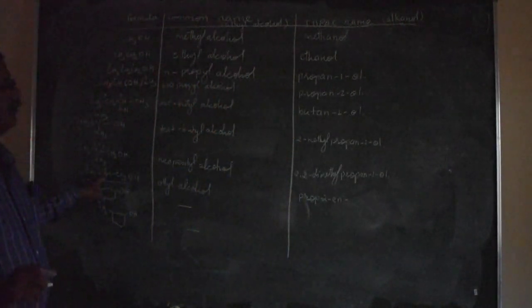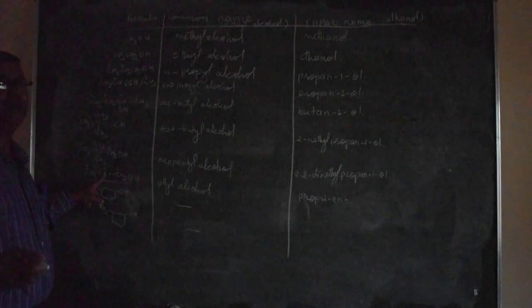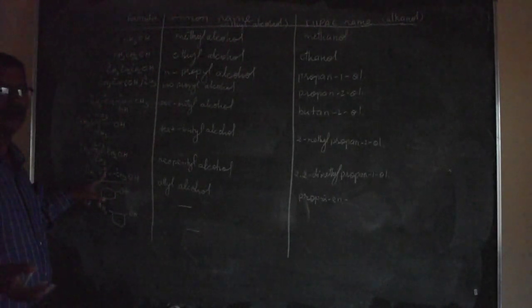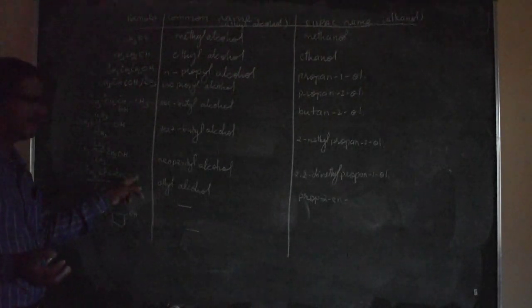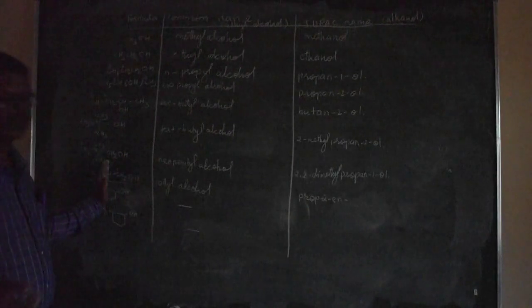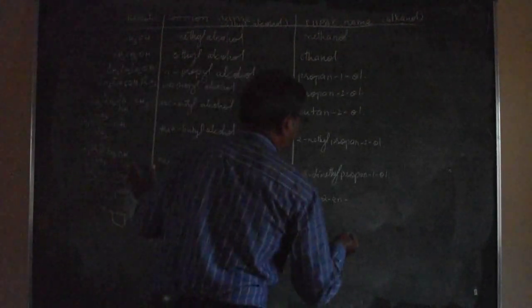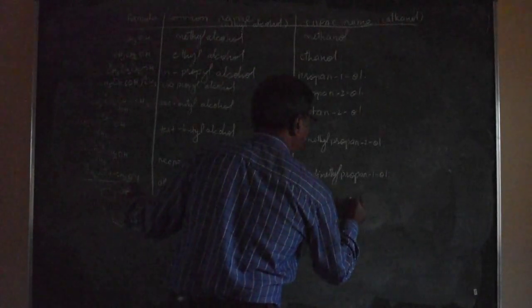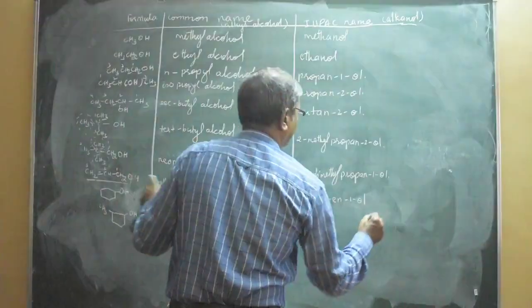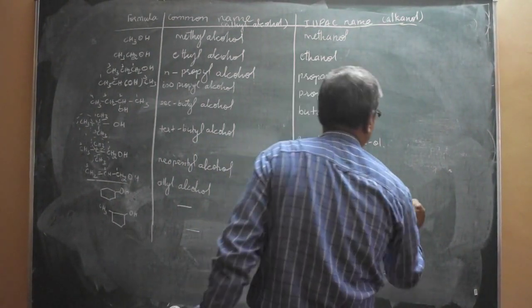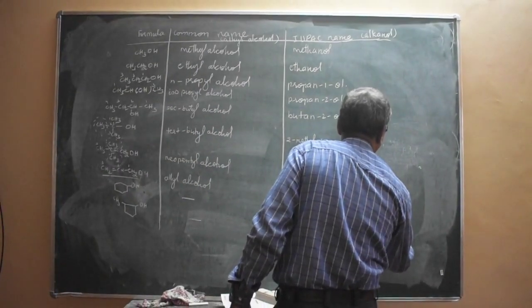It is not simply propene, because here it does not end; we have a functional group again. So it is propen, then ol, so it is 1-ol. There is even no need to write 1-ol. Simply you can write prop-2-en-1-ol.